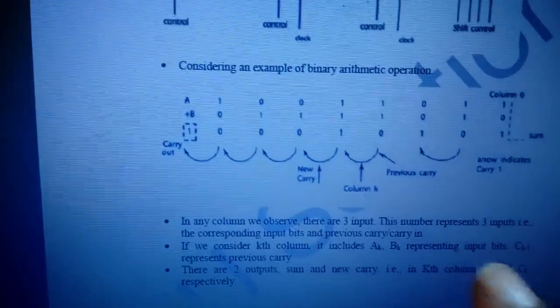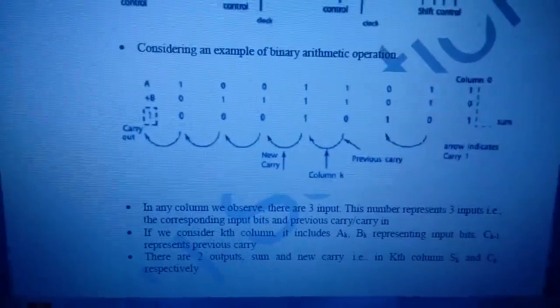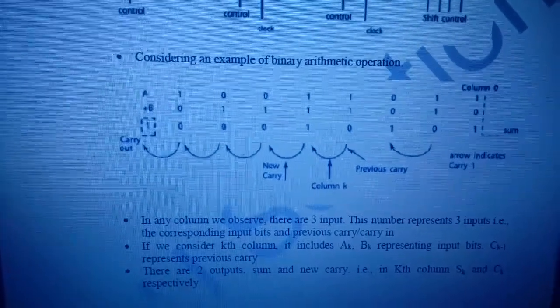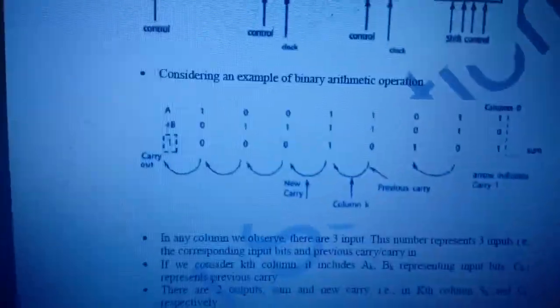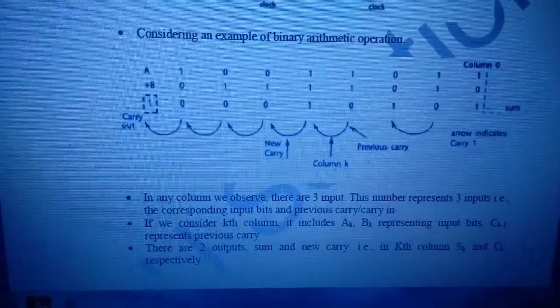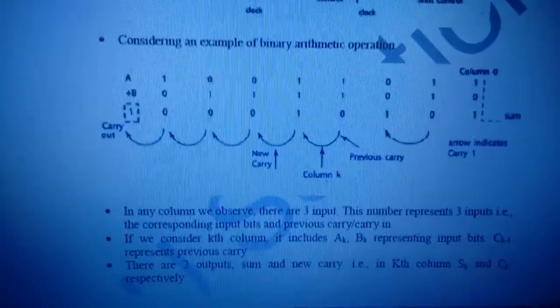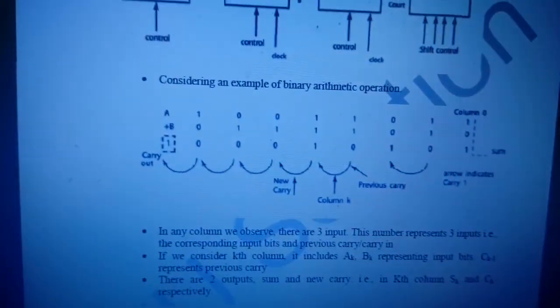CK minus 1 represents the previous carry. If CK is the present carry, CK minus 1 is the previous carry. There are 2 outputs, sum and new carry, in the kth column SK and CK respectively. So for an adder you have sum and carry.